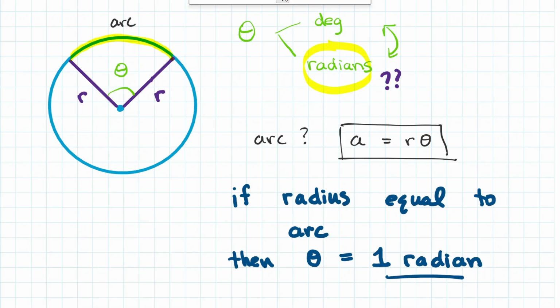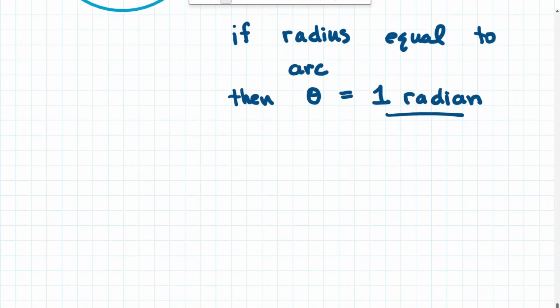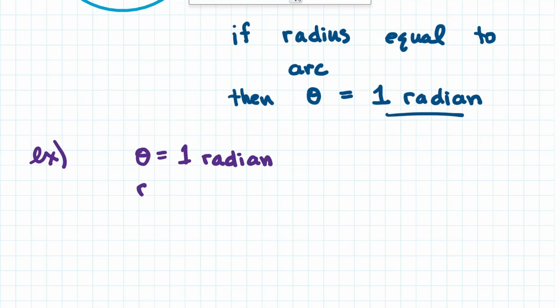So let's look at an example. Say, for example, what if we say that our theta equals 1 radian, and our radius is equal to 5?